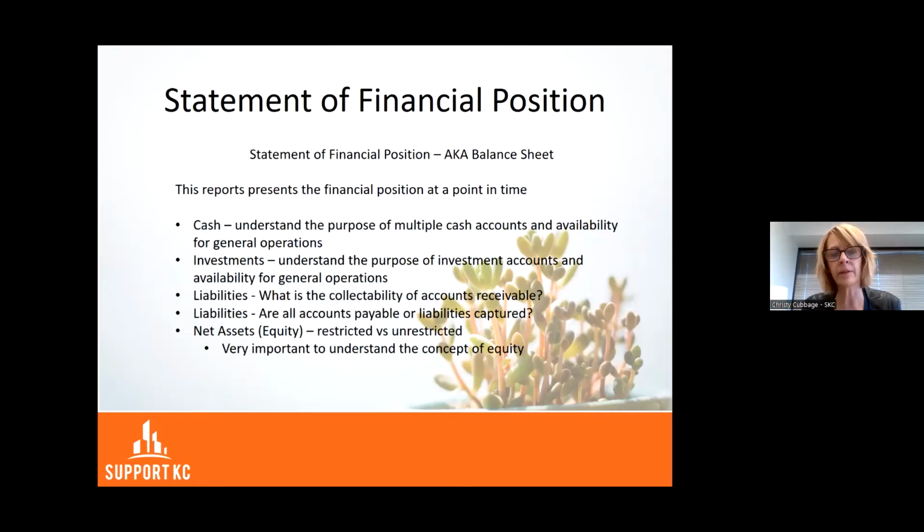So it's important to understand the concept of equity. I'm not going to go too deep into it. We could spend all our time today talking about net assets. But if you still don't understand it, feel free to reach out and ask for some more education about what that means. Because you can have $2 million in equity, but that doesn't mean that you're very liquid and can pay your bills for the next month.